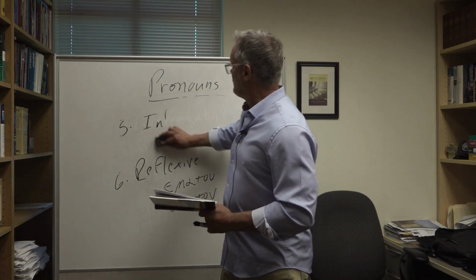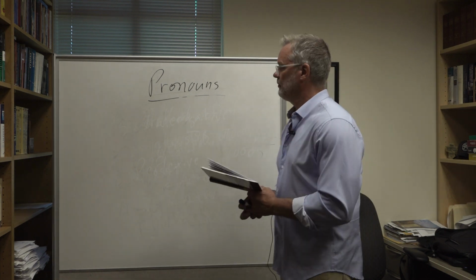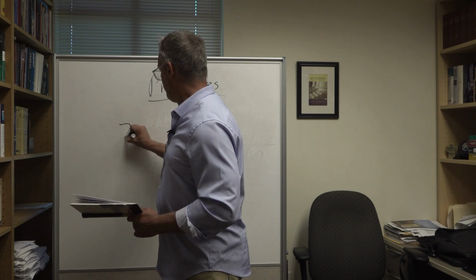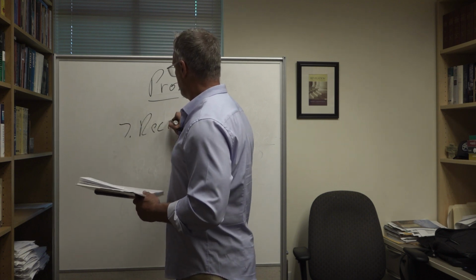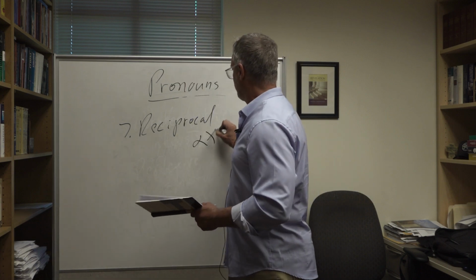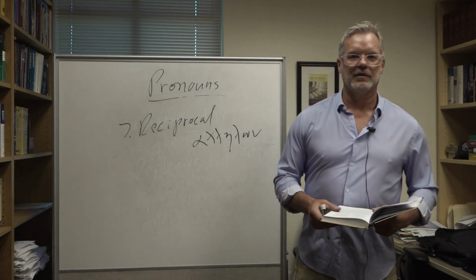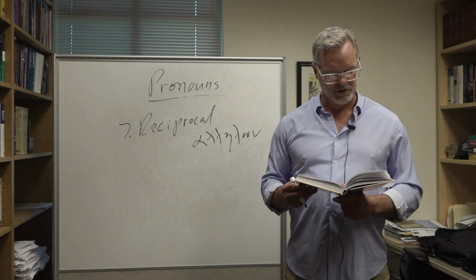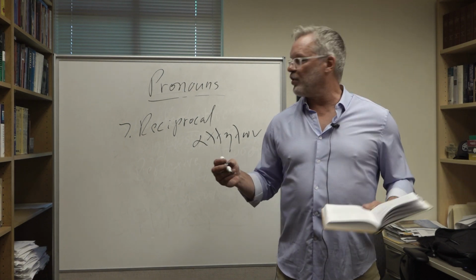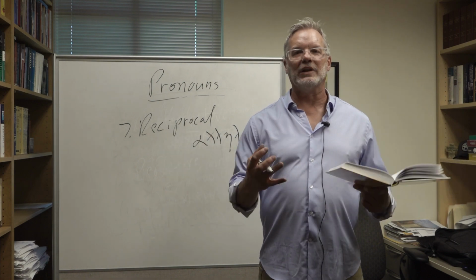Just a couple of others to draw your attention to. One of them is the reciprocal pronoun, allelon. Hopefully some of these you remember from first year Greek. The reciprocal pronoun basically will express a mutual relationship.